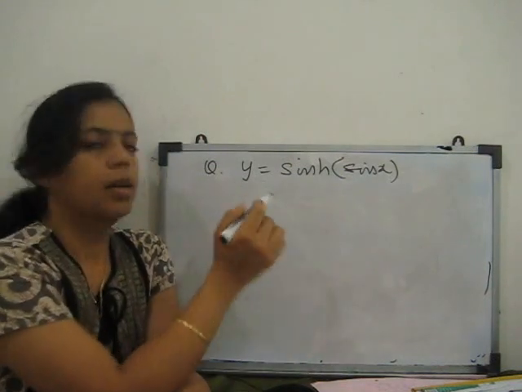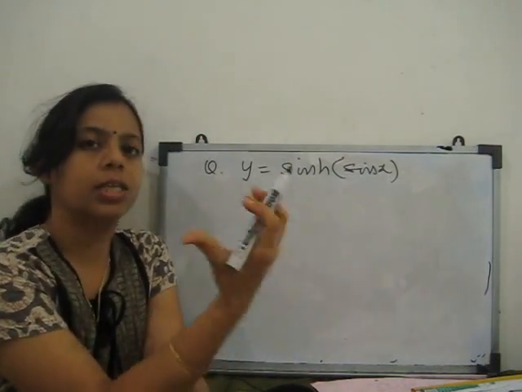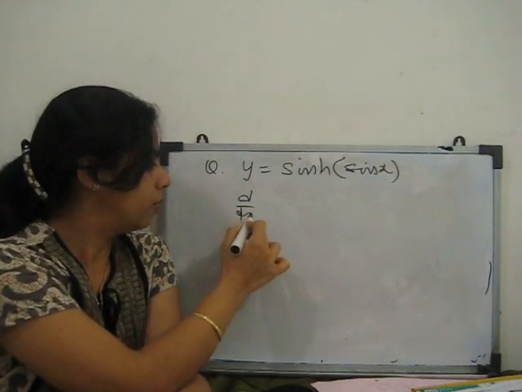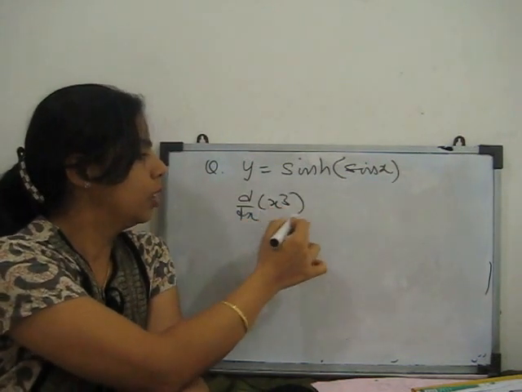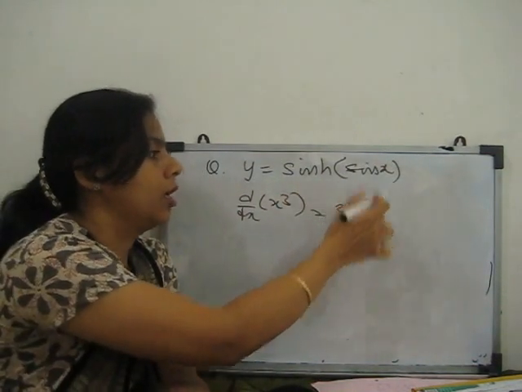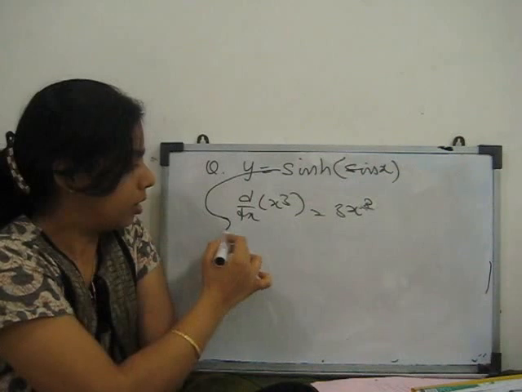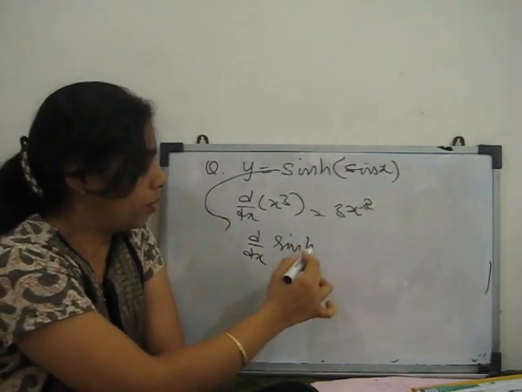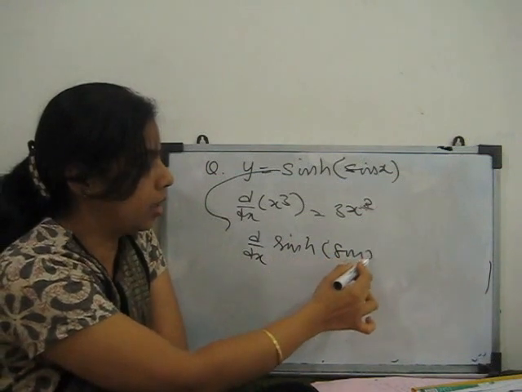We have to derive just like a simple function. If you were to find d by dx of x cube, you immediately write 3x square.